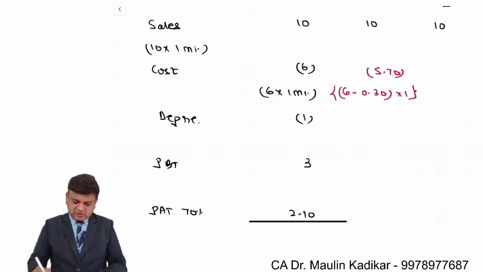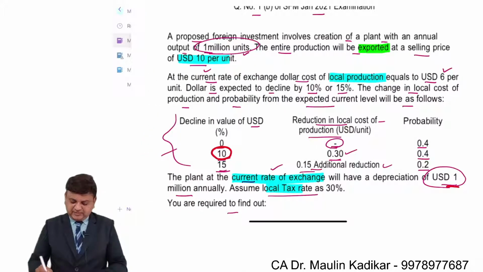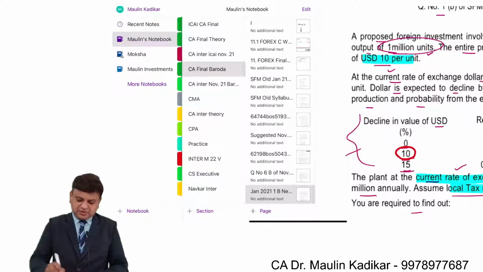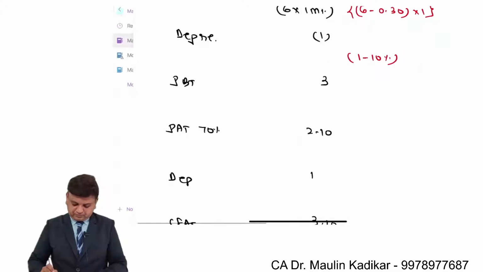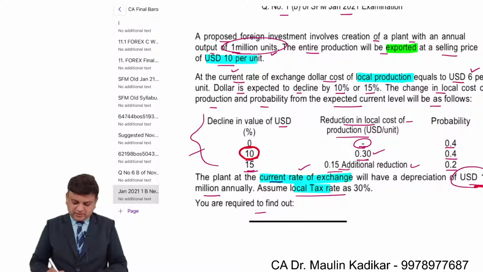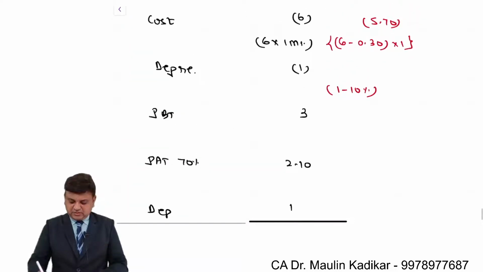In that case, there is a decline in the dollar value by 10%. So instead of 1 million, you will be able to claim depreciation of 0.9 million. So 1 minus 10%, that is provided over here. That comes to 0.90.